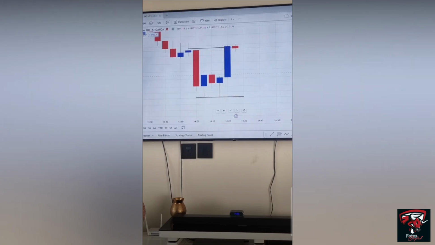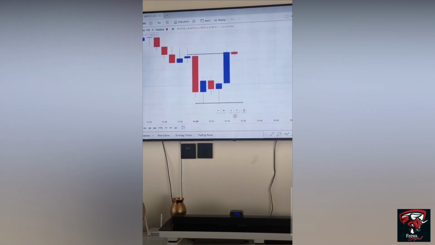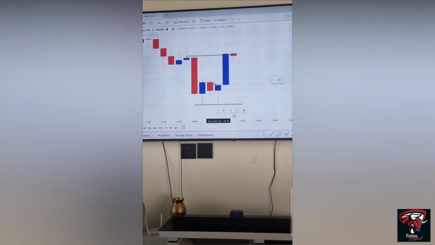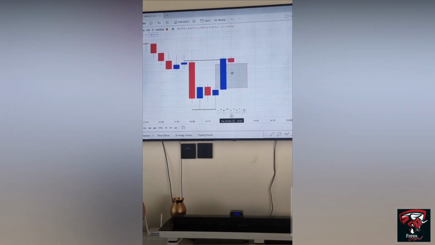When this candle finishes in 4 minutes, the 5-minute candle, okay. In 4 minutes, again, unfair price. Right? So they would want to come down to make things right.